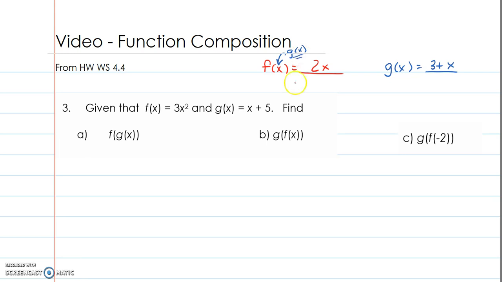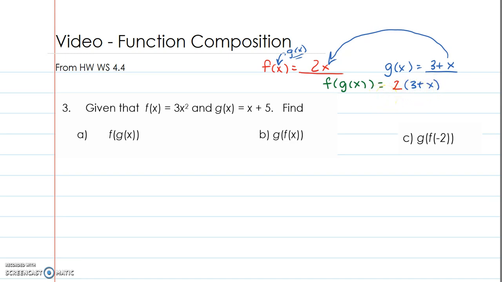So if we were to compose f of g of x, then really what we're doing is we're taking f 2 times something, but that something is actually going to be another function. So we're evaluating the function at another actual expression, another function.